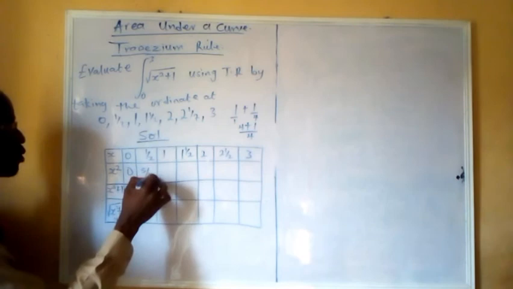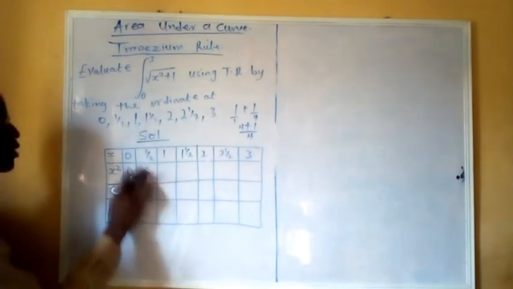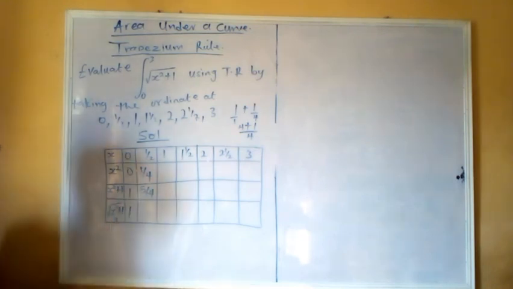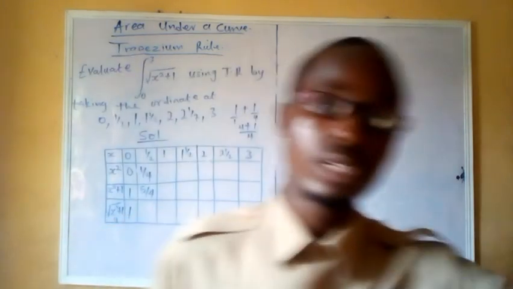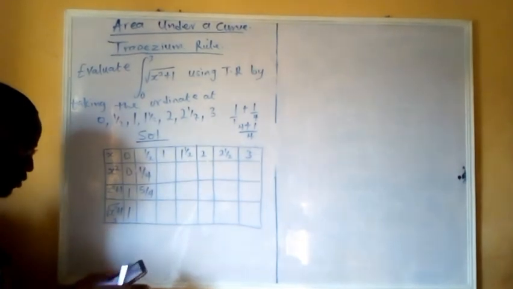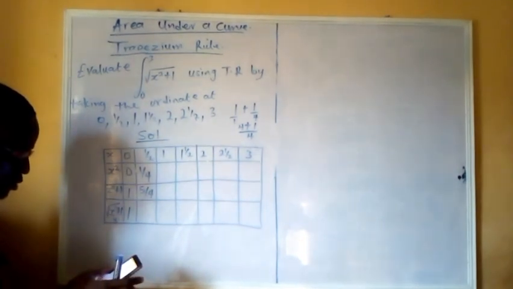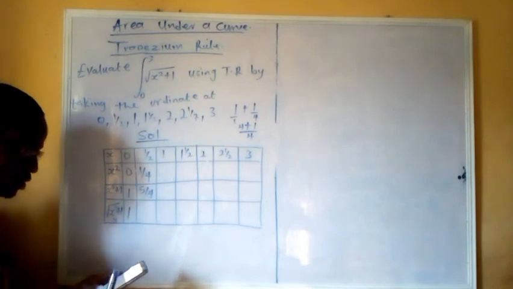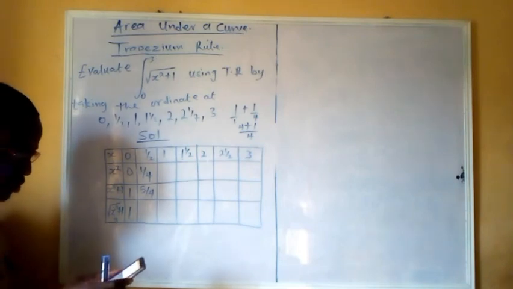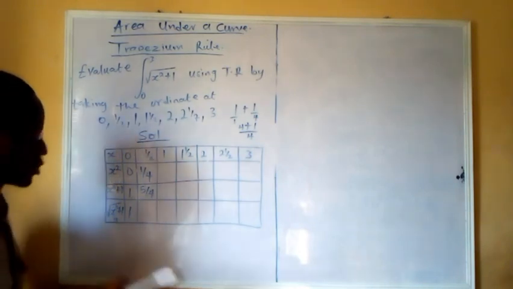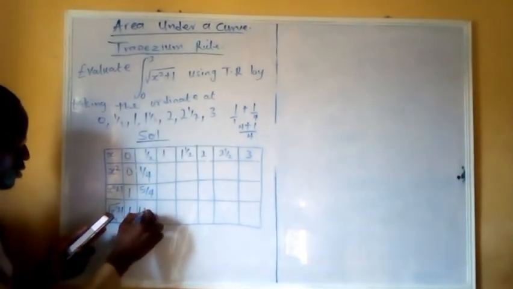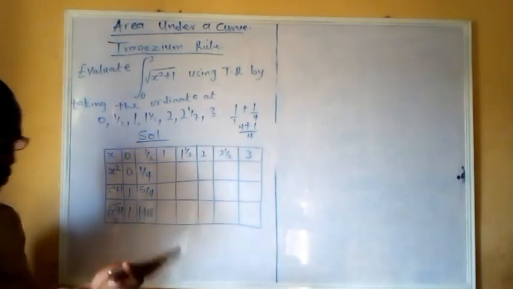The square root of it we find with the calculator in decimals. 5 over 4 is 1.25, and the square root of 1.25 gives 1.118.